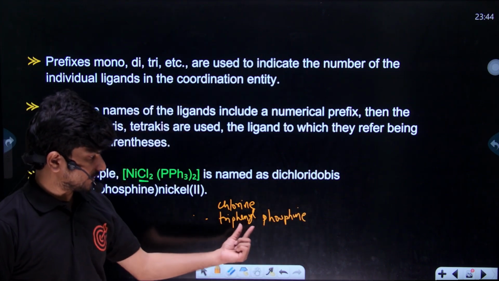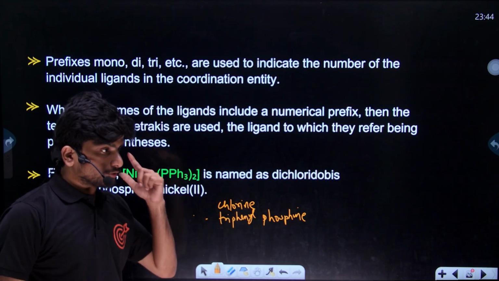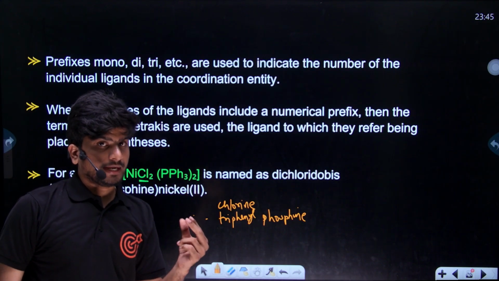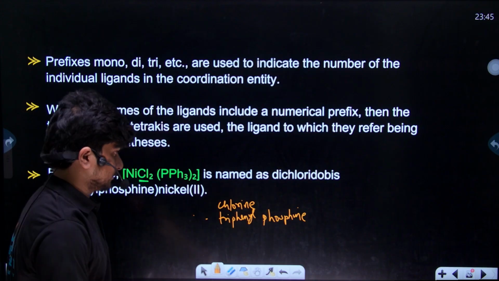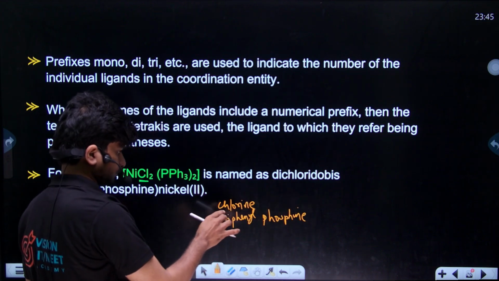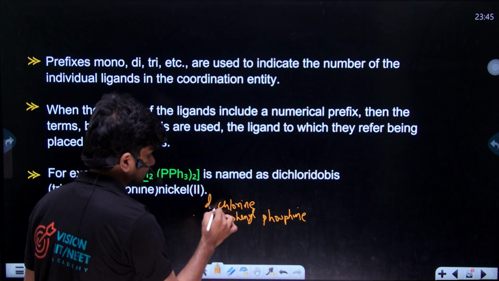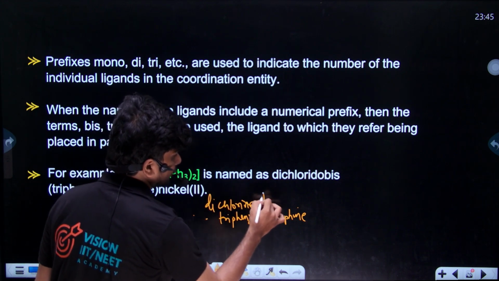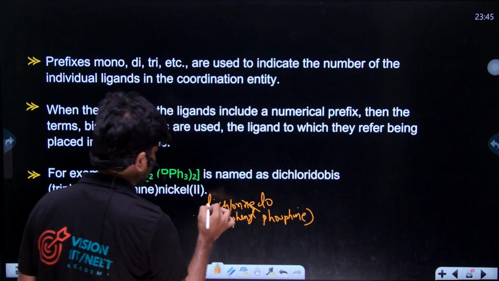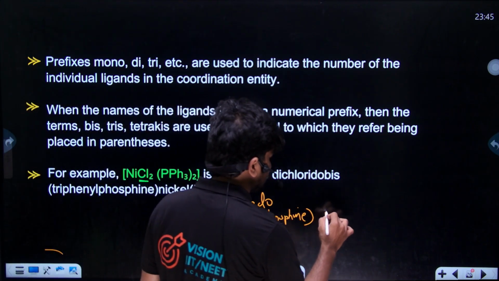Triphenylphosphine starts with P, so chlorine comes first. For the anionic part, you write the name ending with O, so chloride becomes chlorido. How many chlorines are there? Two. So you write dichlorido, then triphenylphosphine, which you put in a bracket, like this parenthesis. Then nickel.